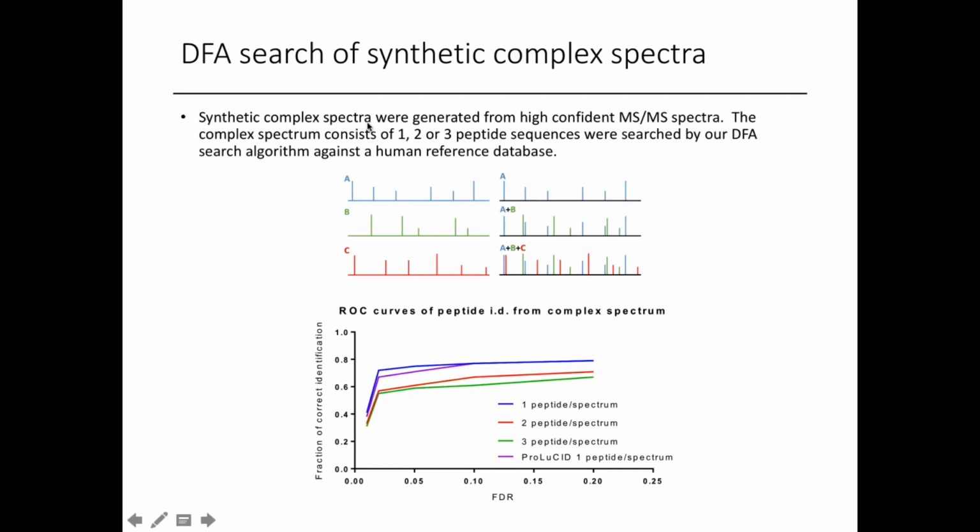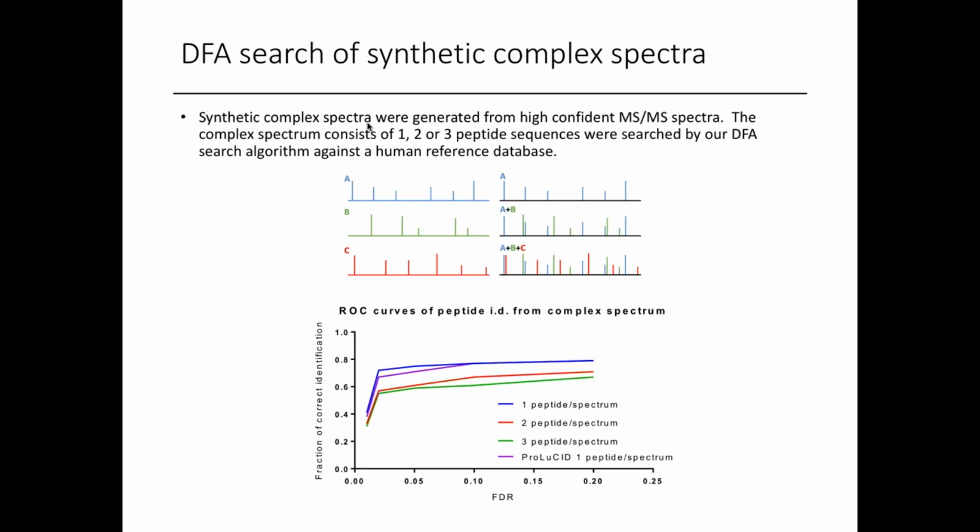So when we have a synthetic complex spectra, what I mean by synthetic complex spectra is that it's not actual DIA data, it's actually DDA data that is already identified. So we combine 3 known DDA spectra into one, representing one spectrum which has 3 peptides fragmenting at the same time.